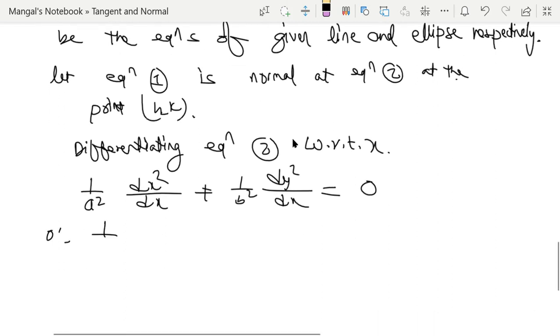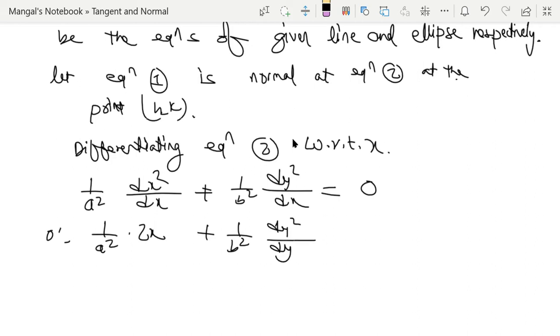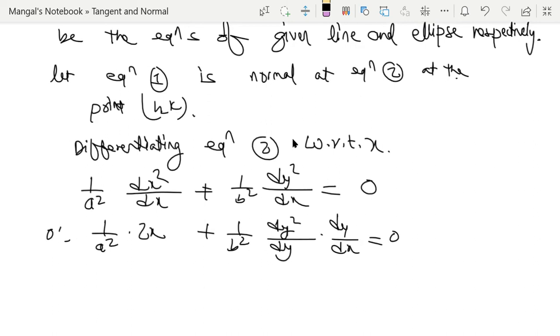So we get 1 by a square, for x square the derivative is 2x, plus 1 by b square, and the derivative of y square with respect to x. We have to form a chain over here, so the derivative of y square with respect to y into dy by dx.